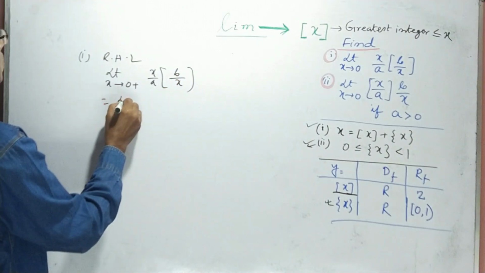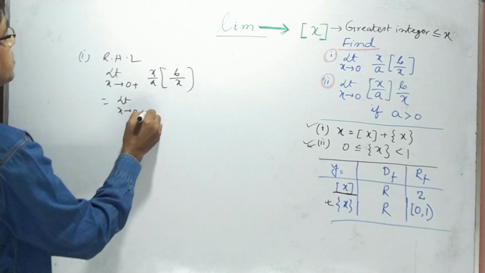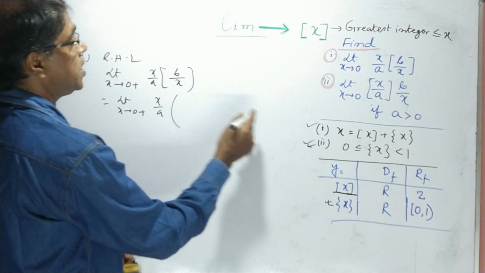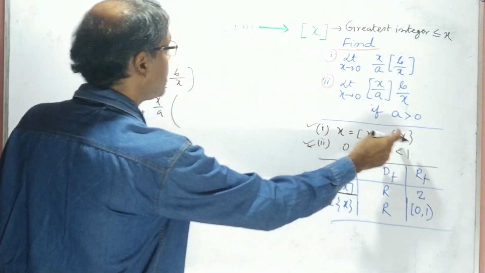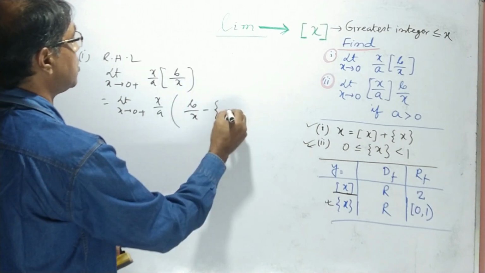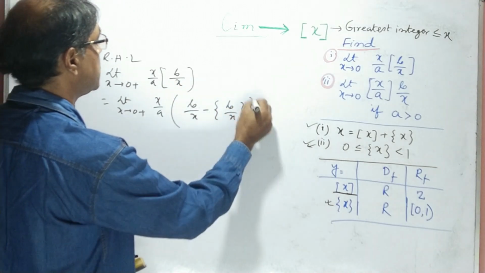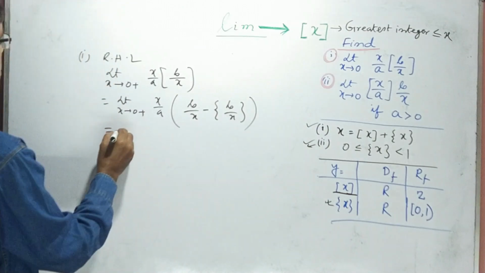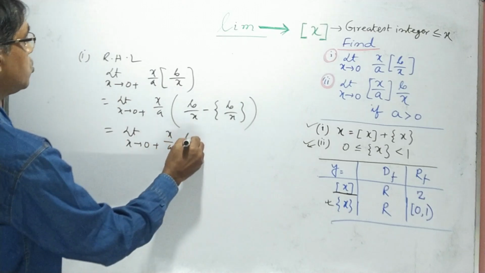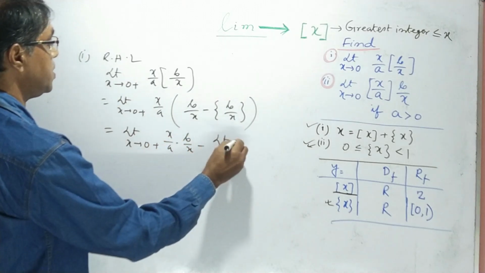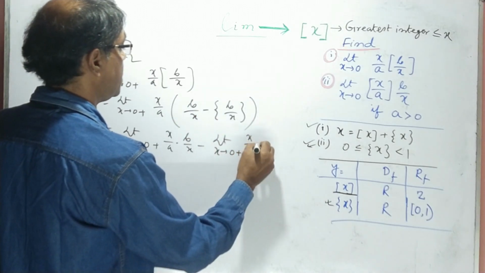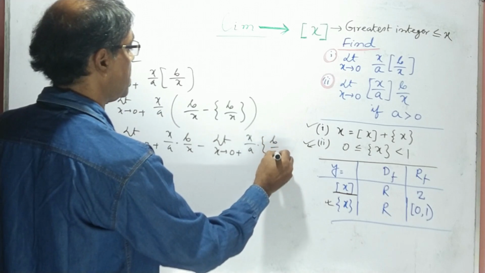This is also limit x tends to 0 plus of x by a times b by x minus the fractional part of b by x, that is, equals limit x tends to 0 plus of x by a into b by x, minus limit x tends to 0 plus of x by a times the fractional part of b by x.